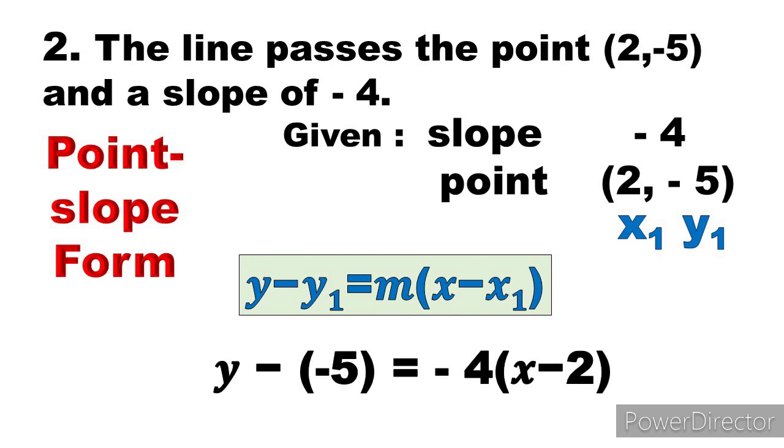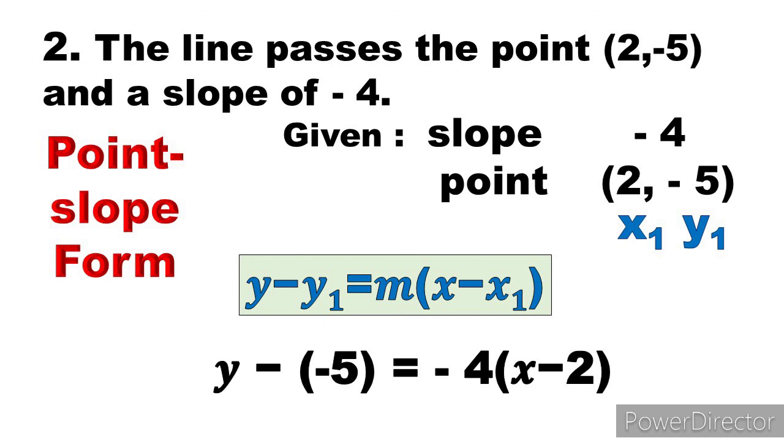Positive 2 is our x sub 1 and negative 5 is our y sub 1. We use the formula y minus y sub 1 equals m times the quantity of x minus x sub 1, and then substitute the values.